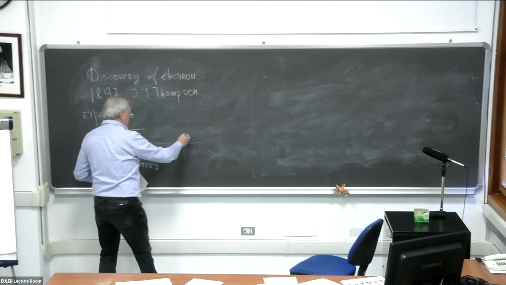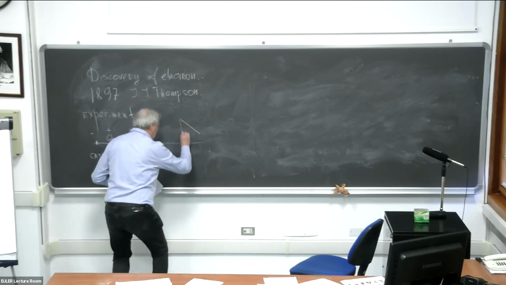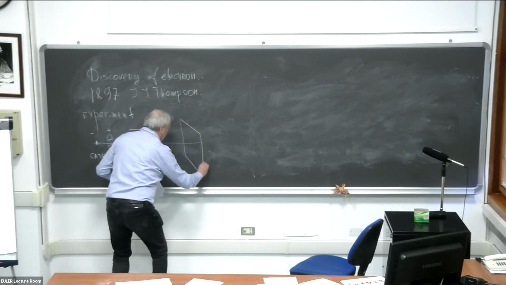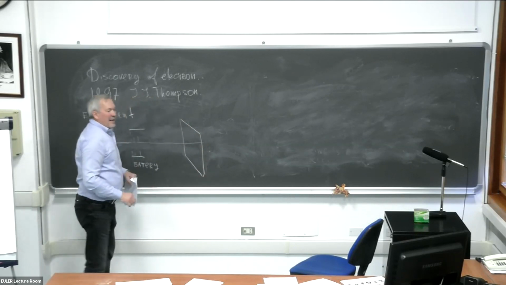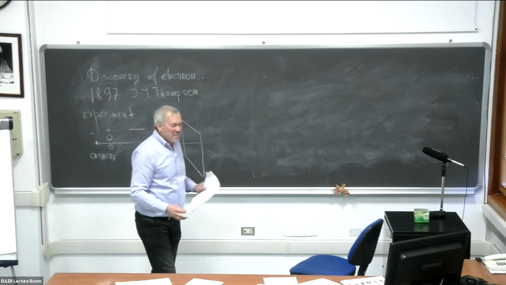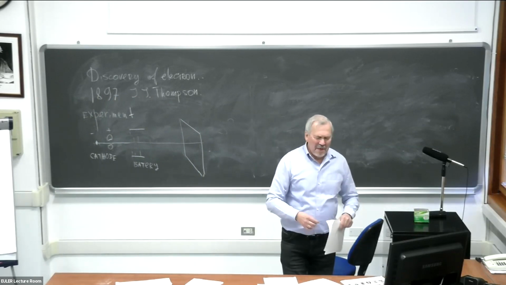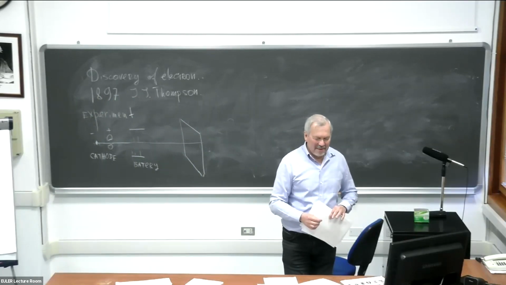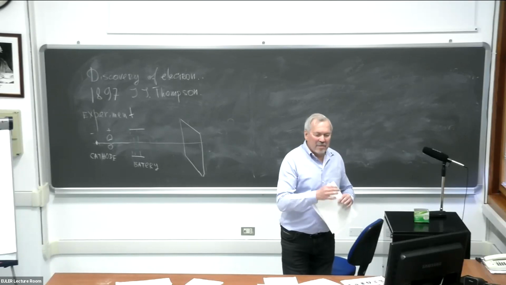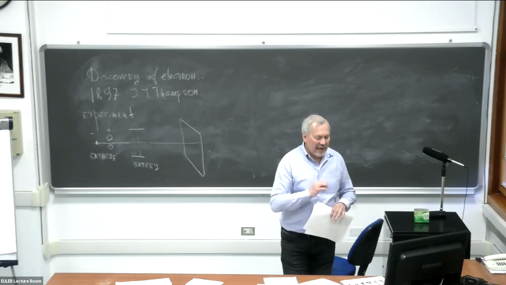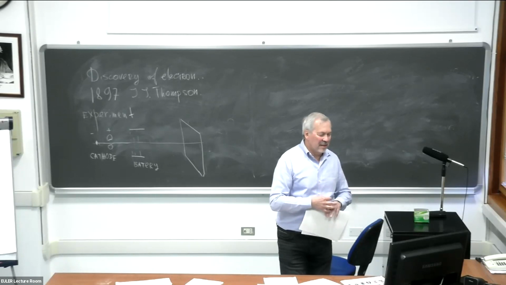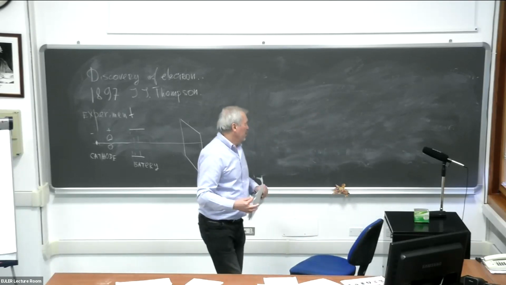And then he had the screen. I always wonder how this beautiful theory which we have now emerged from not very clean observations and some vague stuff. But at the end of the day, we really have something which is very beautiful.